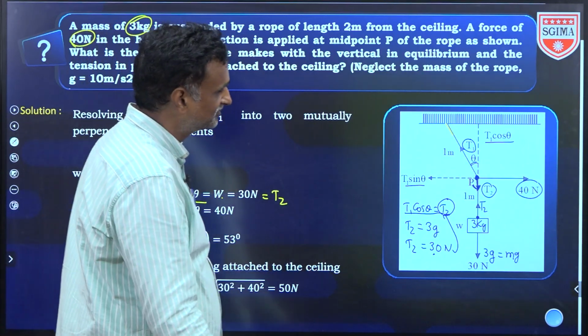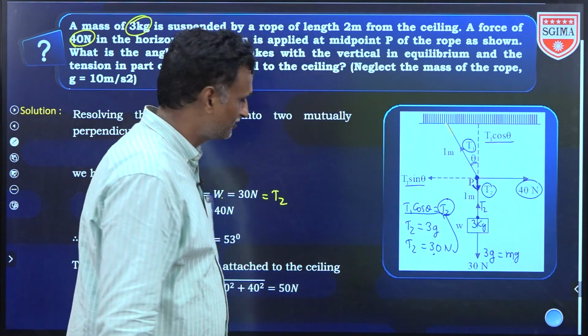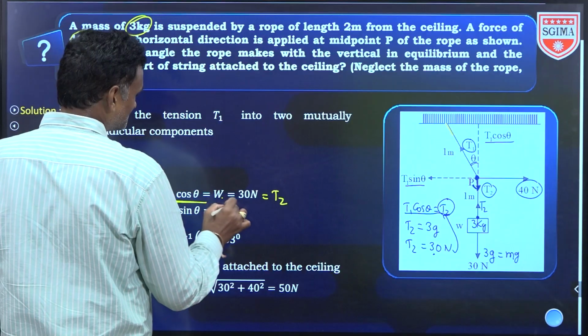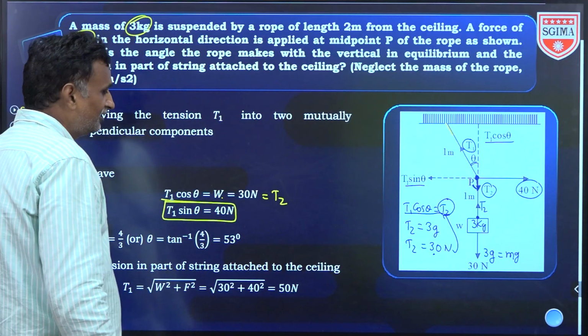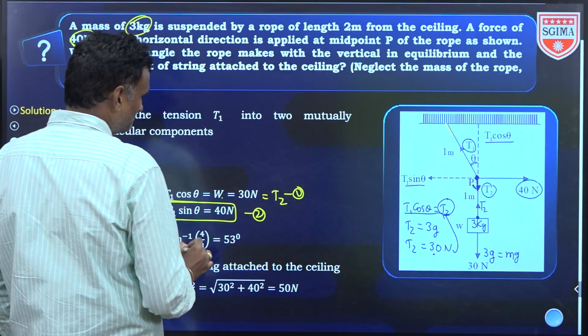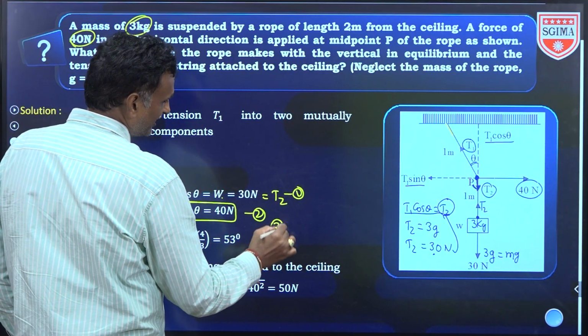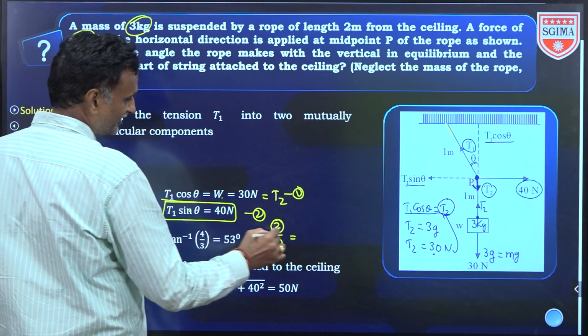Okay. Next, for T1 sin theta, the left side force and right side force will be 40 Newtons. So Fx is also 0. So we get T1 sin theta equals 40 Newtons. Let's say this is equation 1 and this is equation 2, and doing second by first, which means sin by cos, T1 cancels.